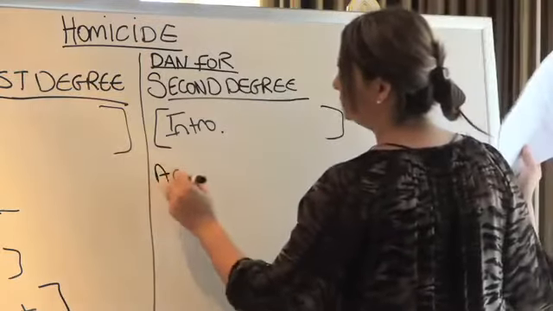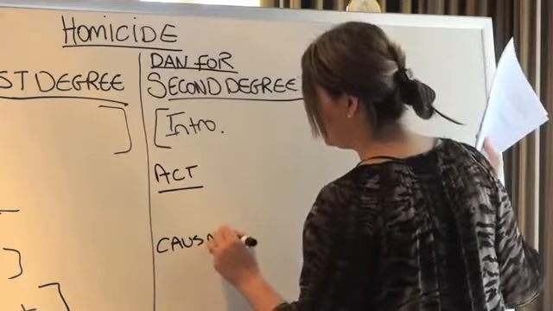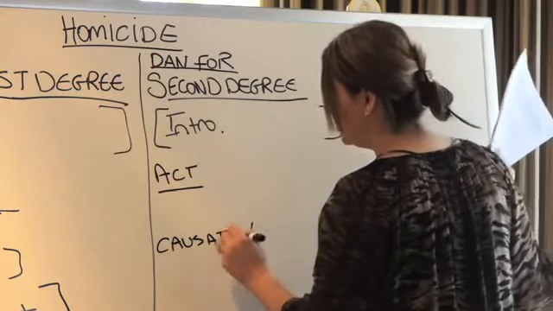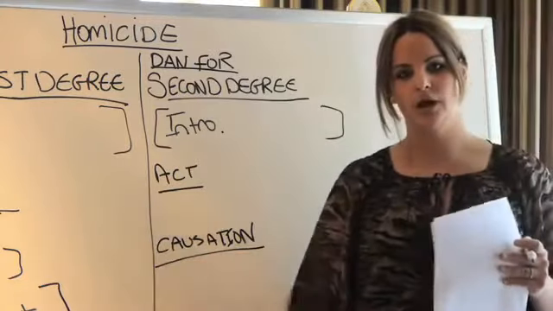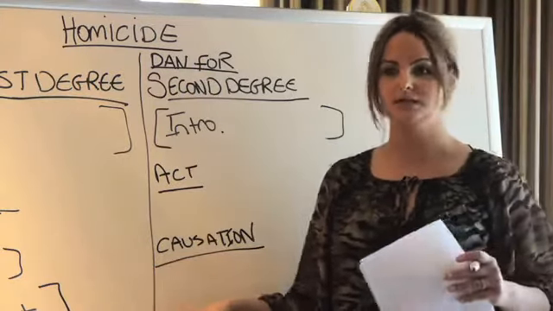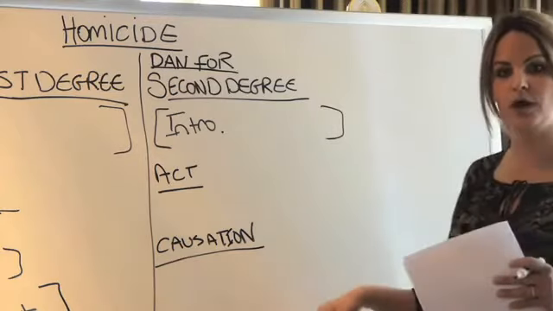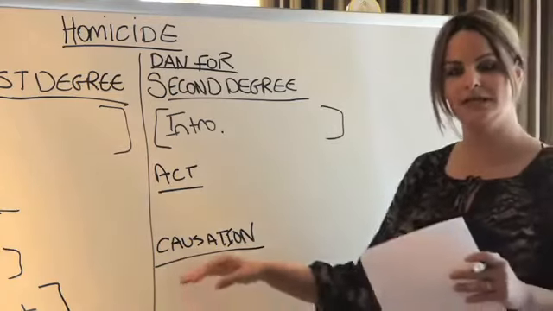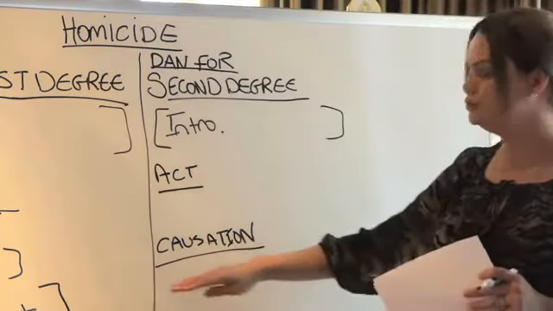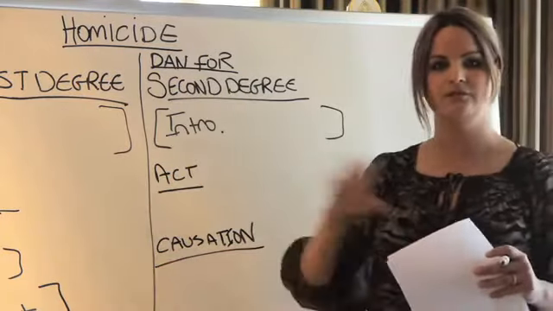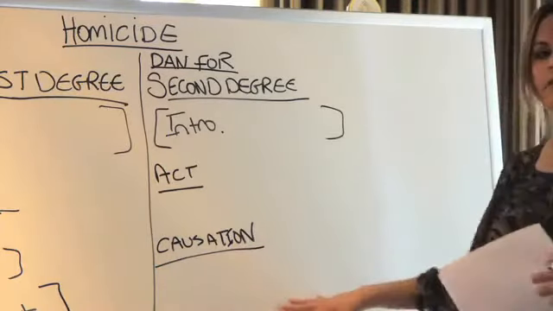In line with our introduction, we need an act and causation. Now, causation is the same as it is in negligence, but it's typically not going to be as drawn out and full-blown as it is in negligence. You can really get to the point here typically. You need actual and proximate. You don't need to separately headnote them in a second-degree murder approach, but you should establish that the defendant's act was both the actual and proximate cause of the victim's death.